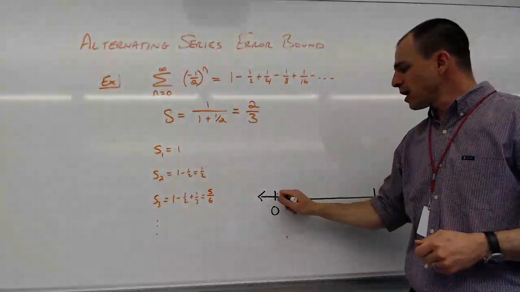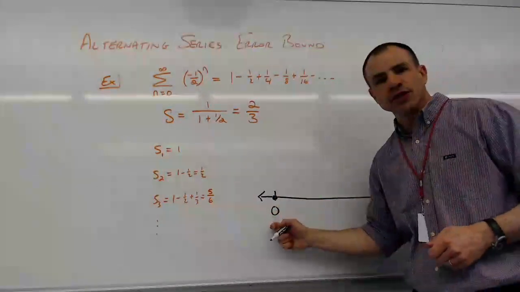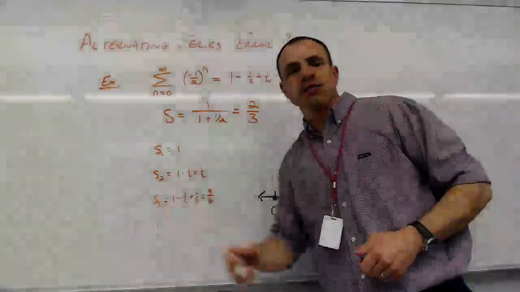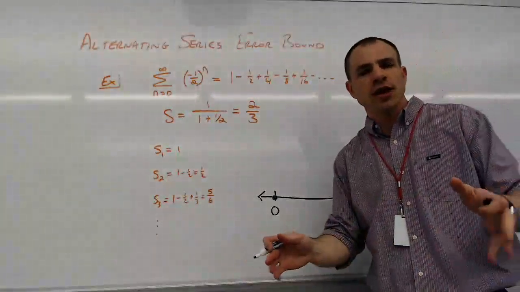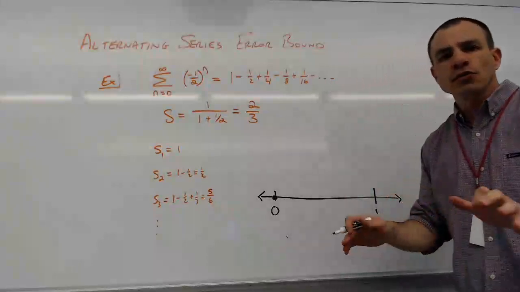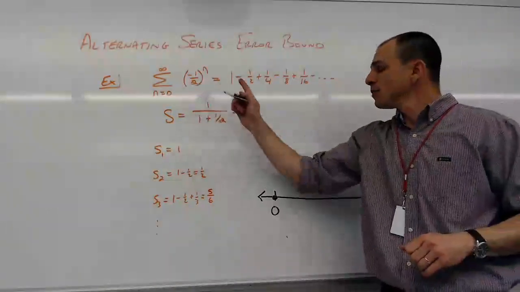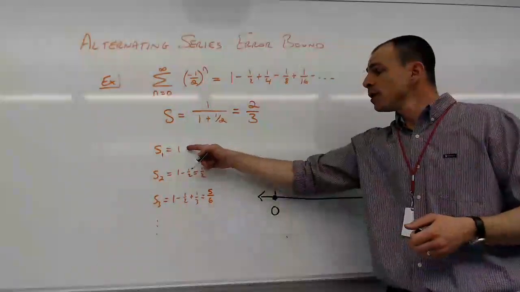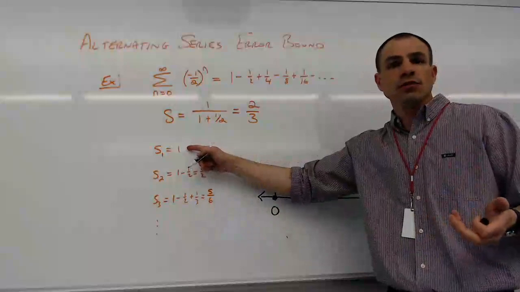So we're right here on a good old-fashioned number line, with 0, 1, 2 way over here, 3, -1 this way, -2. You get the idea. It's just an old-fashioned number line, but we're focusing on the region between 0 and 1. So if we add no terms whatsoever to our series, we have 0 sum at the moment. Once we bring in the first term, our first term is 1, so 0 plus 1 is 1.